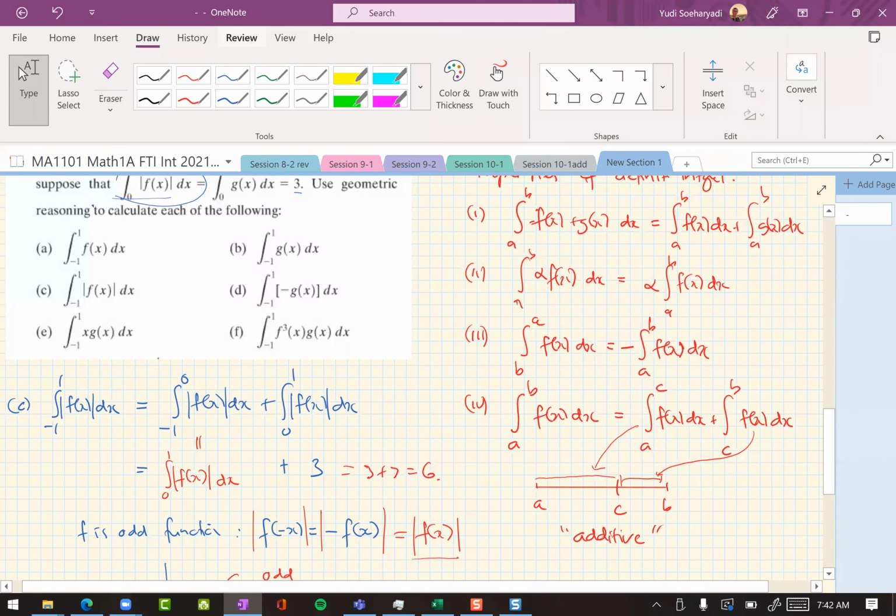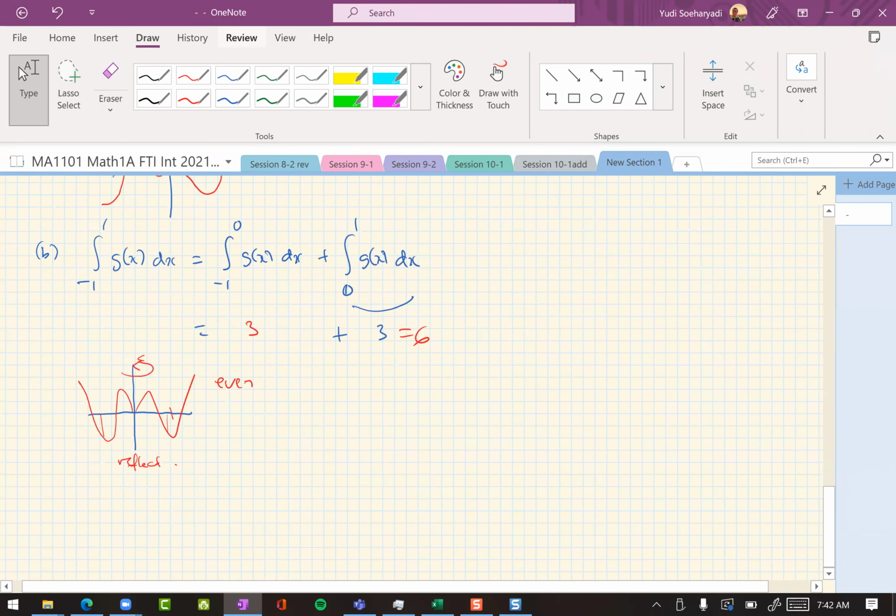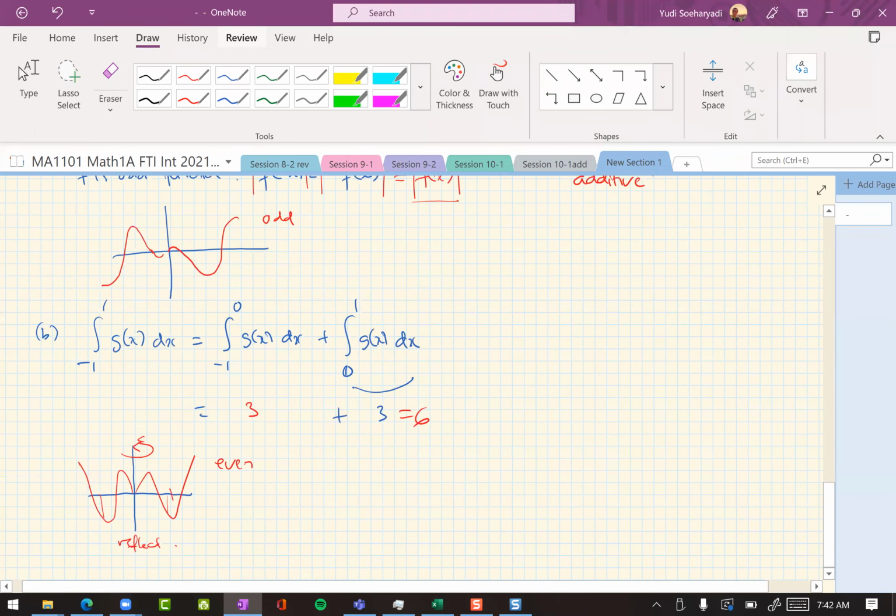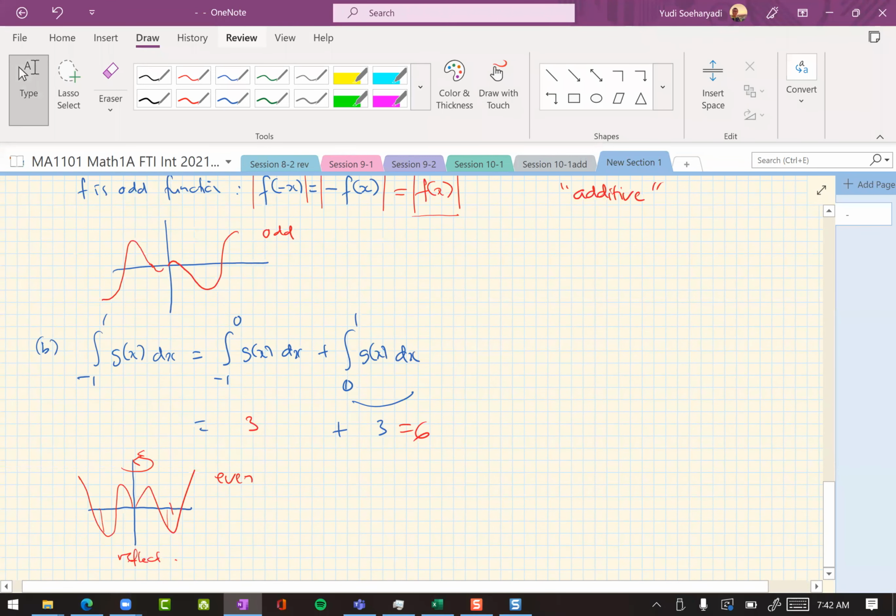All right. So let's see. Now the interesting thing about even and odd is this one. Say it is an odd function. This integral is going to be 0.